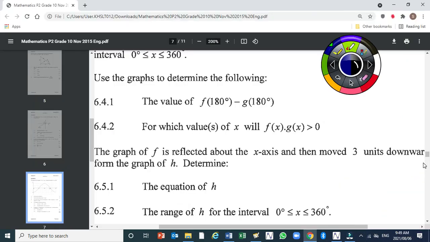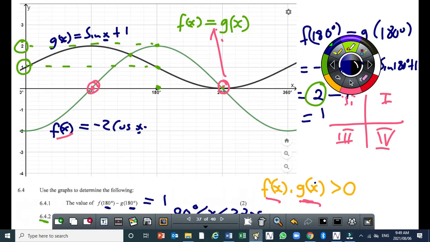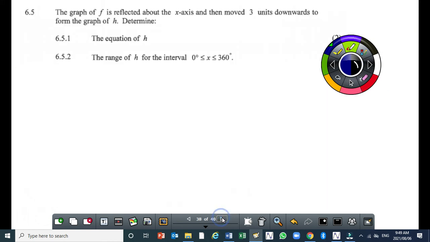So, for the first one, all right, for 6.5.1, our equation, remember we are starting with f of x. Remember f of x is equal to minus 2 cos x, right?